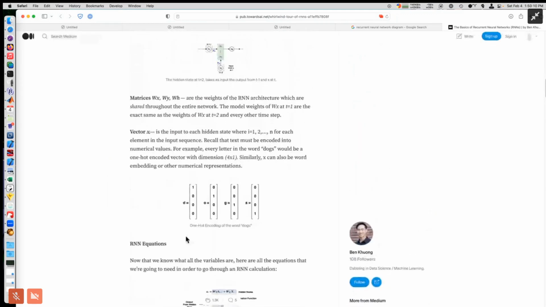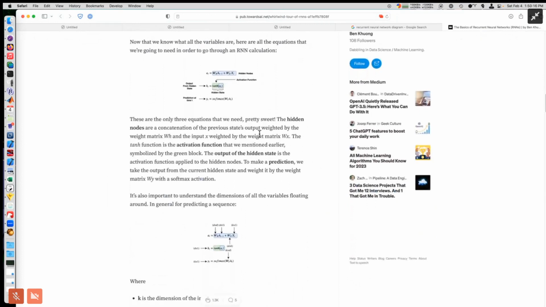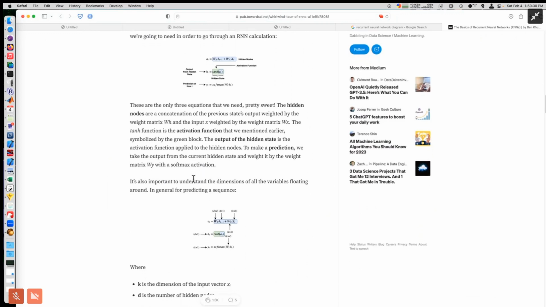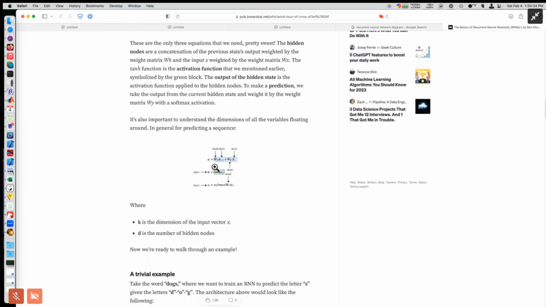So we also need to basically make up a weight matrix. The hidden nodes from the previous step are weighted by the weight matrix WH, plus the input X. We just add them together. They say concatenation, but that's not really a good way to say it.